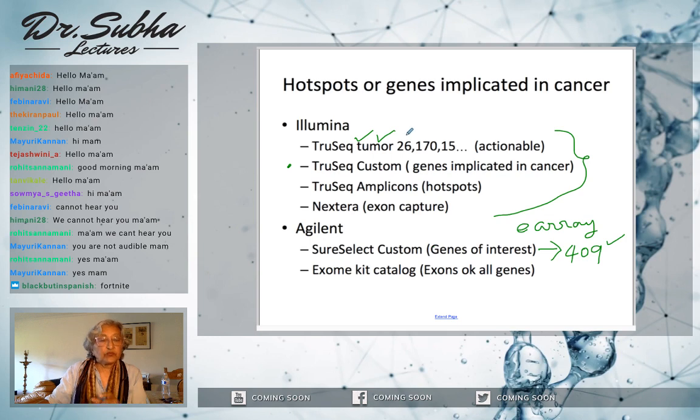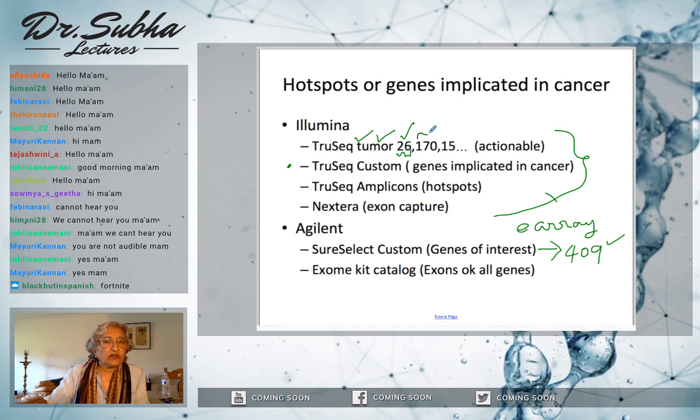So they have said, forget cancer genes, forget everything, because we are not in a discovery mode. We really want to help patients. So we are just going to reduce the cost of sequencing so much by only interrogating a very limited region. TruSeq Tumor 26 only has 26 hotspots it is interrogating.